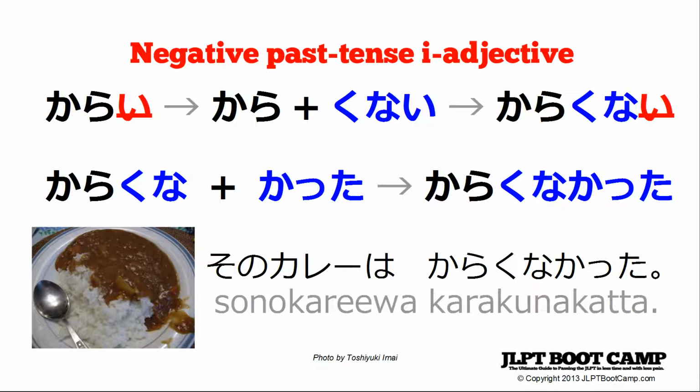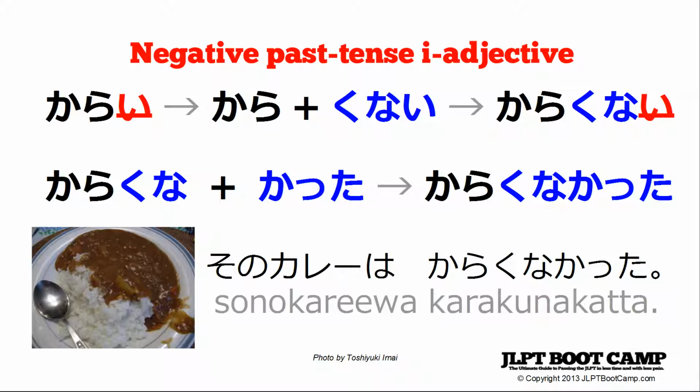And if you remember from the previous lesson, to make the negative form of an e adjective, you cut off the e and you add ku and add nai to it. So the regular present tense negative form of karai, spicy, would be karaku nai. So it's not spicy. This curry is not spicy.